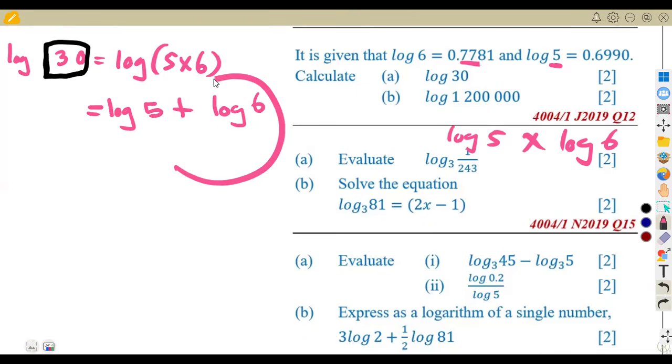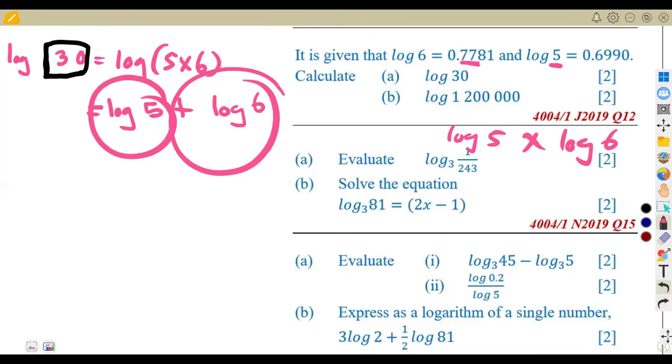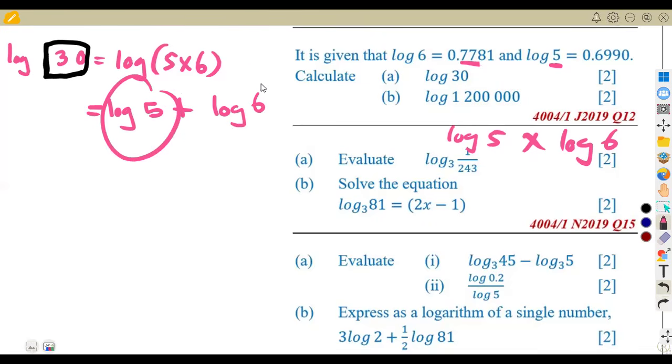You go to this stage, which is 5 times 6 under the same log. Then from there, your answer is log 30. So it's a reverse. In my writing I am just doing the reverse. But this time, you will have been given the logarithms of 5 and 6, so in the reverse part you are now substituting. When you look at this, it is written as a single log only.